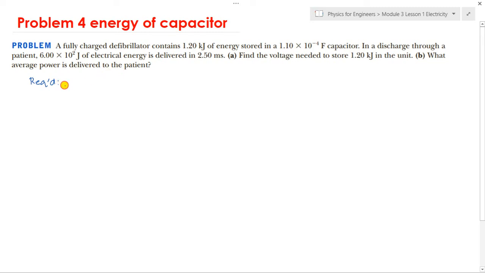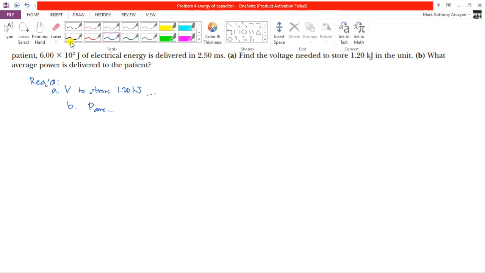So here, what is required is the voltage needed to store, that is V, to store 1.20 kilojoules of energy. Second, that is the average power, P average. So, solution.